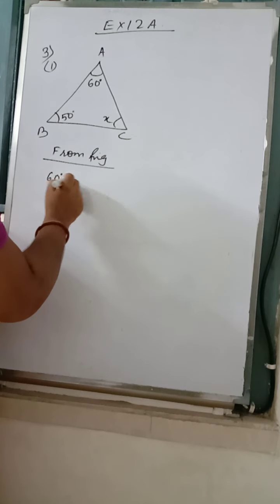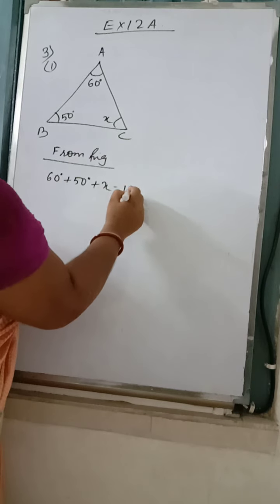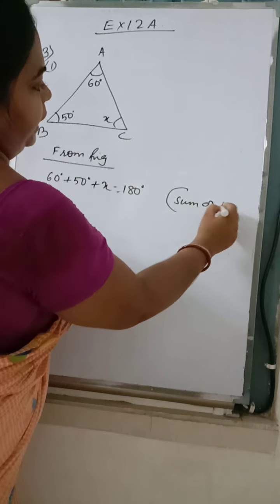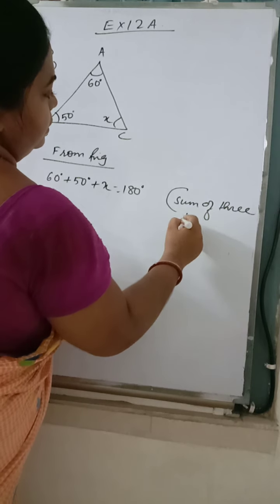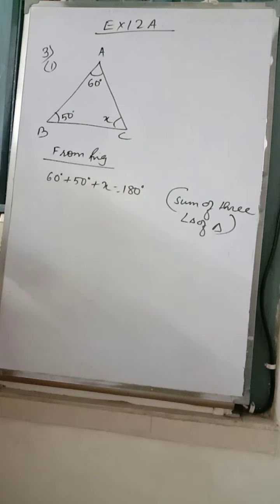60 degree plus 50 degree plus X is equal to 180 degree. Why? Sum of three angles of a triangle. You can write here sum of angles property.